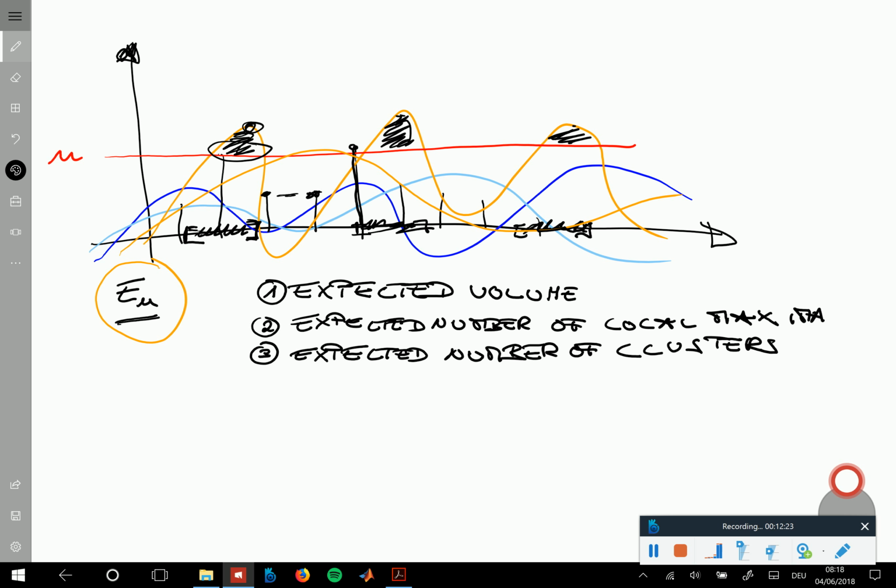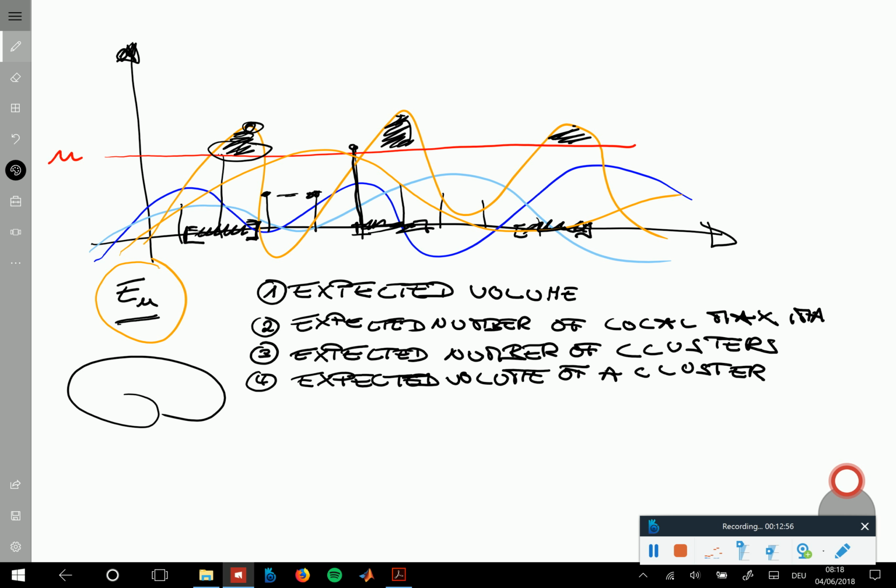And then finally, we need to talk about the expected volume of a cluster. From a brain imaging perspective, this refers to the question of how big a blob is.